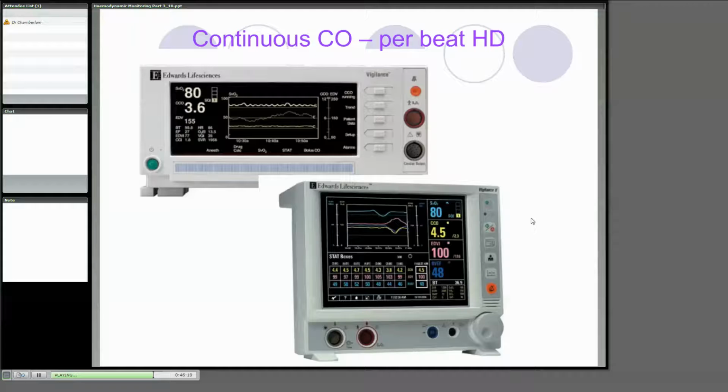This is the continuous pulmonary artery catheter. Sometimes you have, but I don't think you use the continuous. No, this is very expensive to do, and that's why every patient doesn't have it.